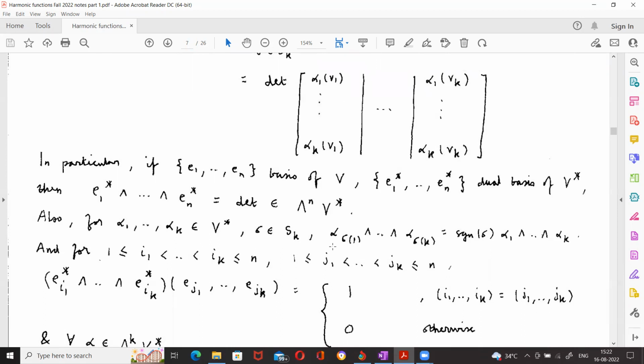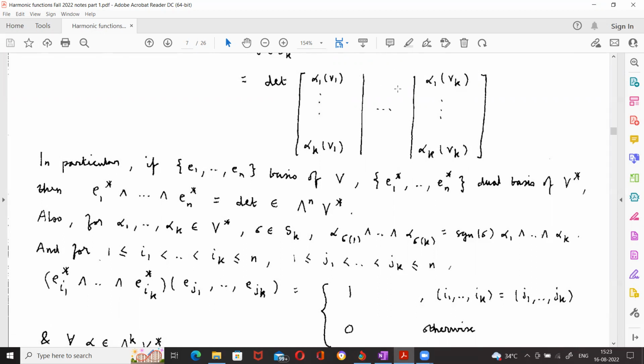I want to show that this wedge product applied to these k basis vectors is either 1 if the two multi-indices are the same, or 0. Why is that? Suppose J1 is strictly bigger than I1. Then all the J's will be bigger than I1, so this first row will become 0, right?